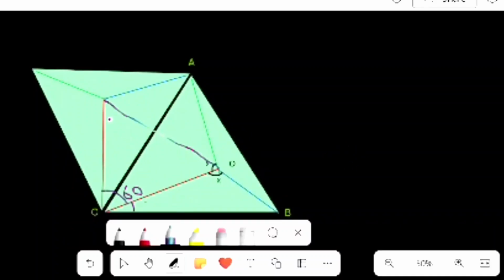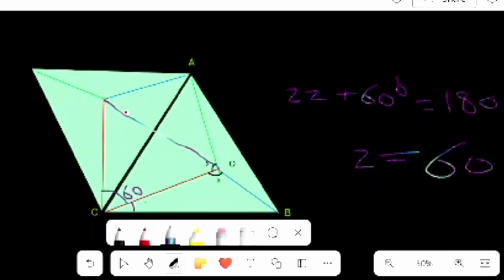So let us suppose these two angles are Z. We know that the sum of all angles of a triangle is 180 degrees. So Z plus Z, 2Z plus 60 degrees equals 180 degrees. From this we find that Z is equal to 60 degrees. So these are 60 and this angle is also 60 degrees.